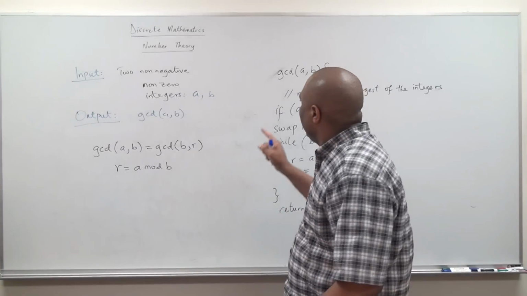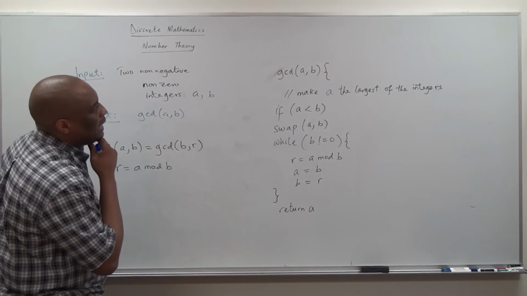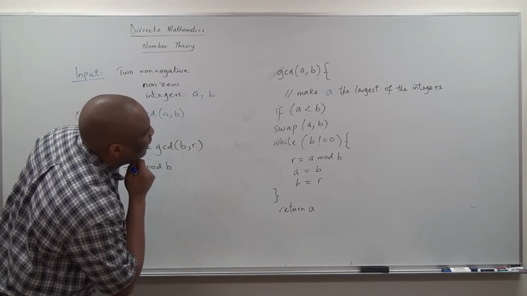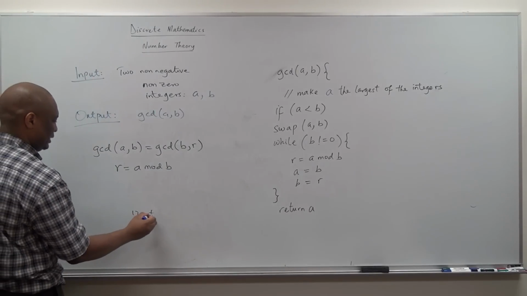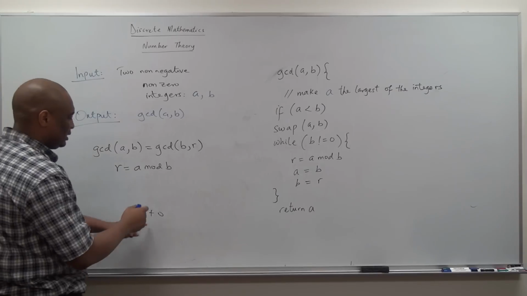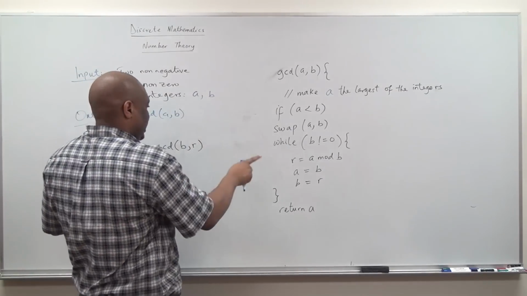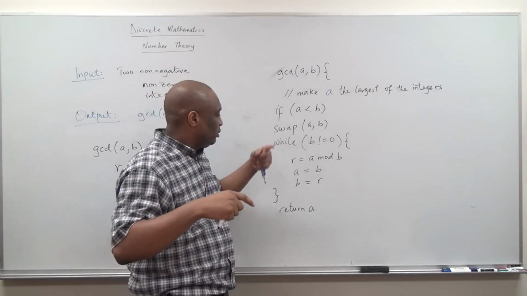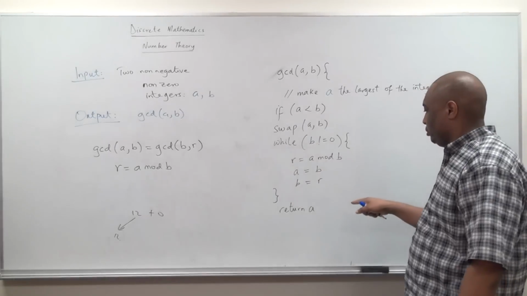And when R is 0, like the last one we had, 12 and 0, you have to return A. When you keep swapping this, it will run like a loop until the remainder becomes 0, right?